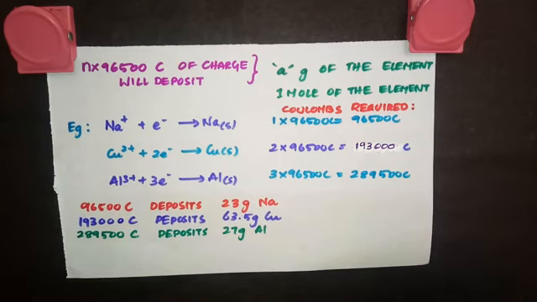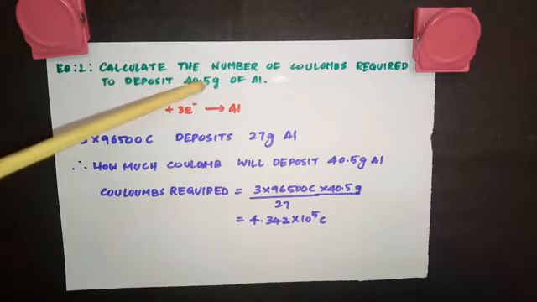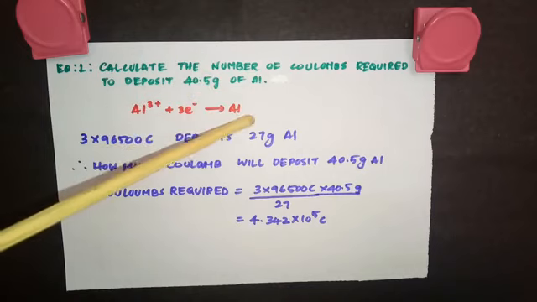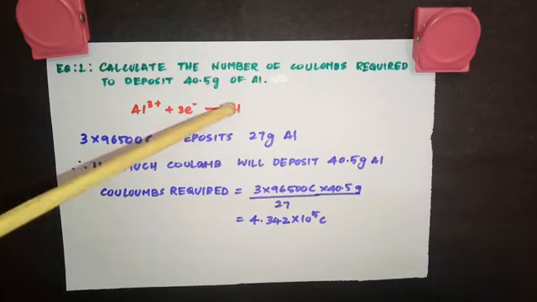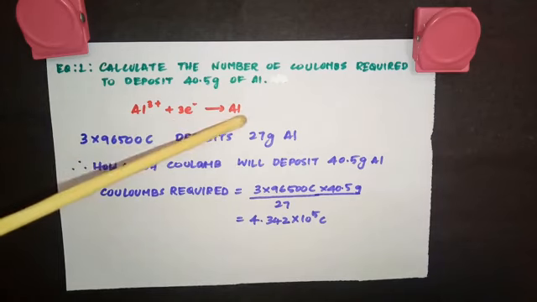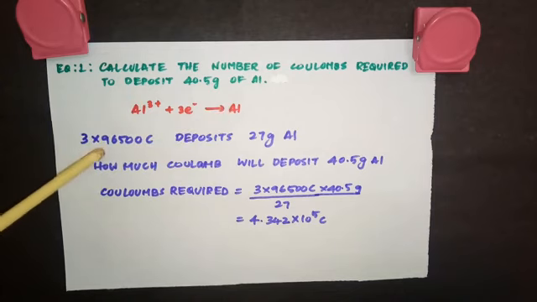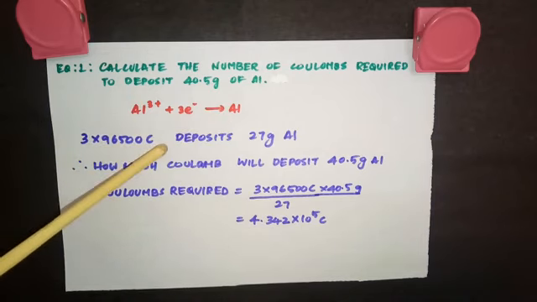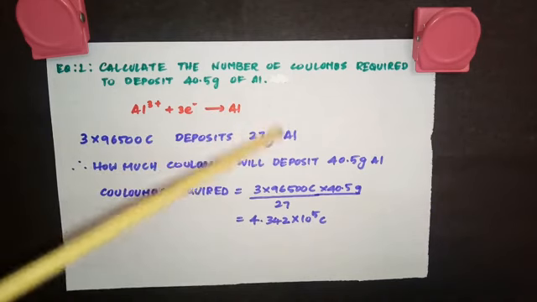Let's see a few examples to understand this concept. Calculate the number of coulombs required to deposit 40.5 gram of aluminium. You know this equation. Al3 plus will take 3 electrons and deposit as Al, aluminium metal. So according to this, you need 3 into 96,500 coulombs, which can deposit 27 gram of aluminium, which is the atomic mass of aluminium.